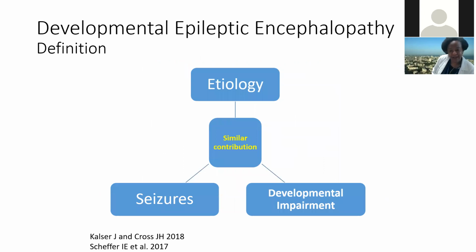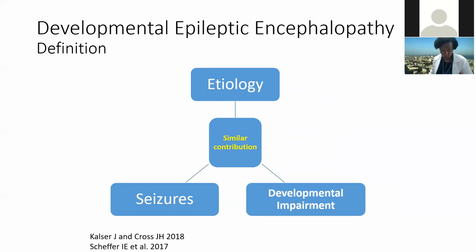Okay, so that has led to a recent change in how we call the epileptic encephalopathies. We stopped calling this group of epilepsies epileptic encephalopathy and named them developmental epileptic encephalopathy, to acknowledge the role of the etiology. The role of the etiology indicates that there is a similar contribution of the etiology to the generation of seizures and to the generation of developmental impairment.